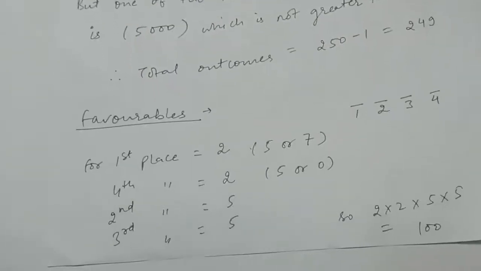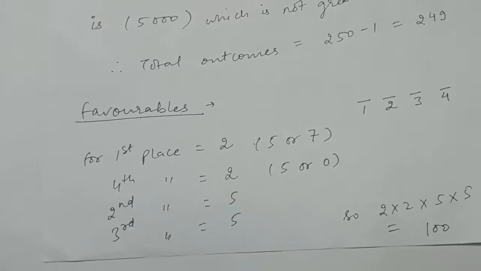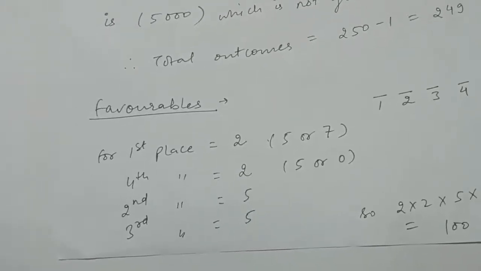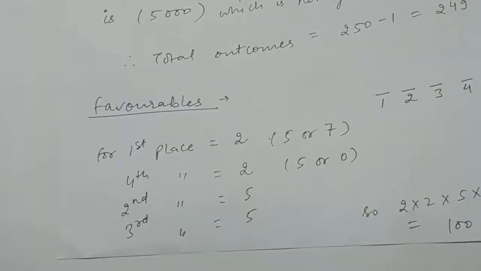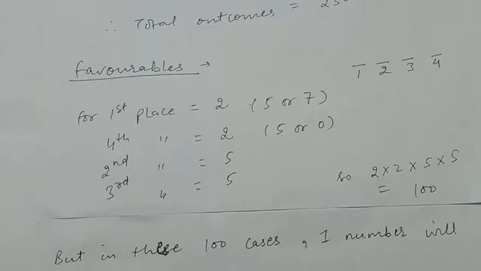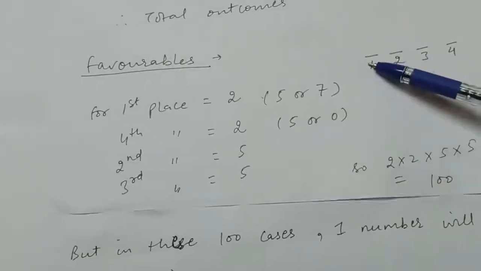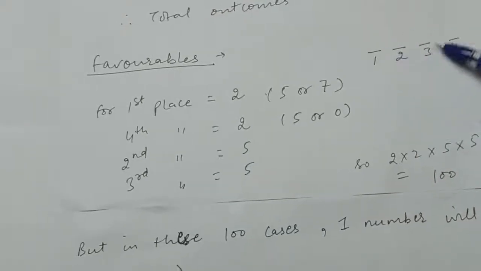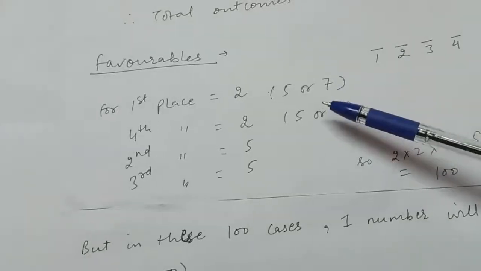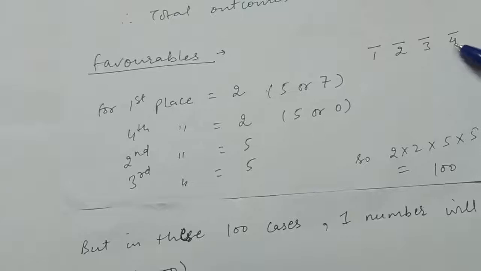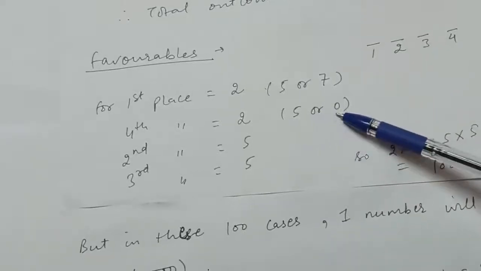Now favorable outcomes are, we have to find those numbers which are greater than 5000 and also divisible by 5. So for the first place we have two options, either 5 or 7, because this number should be greater than 5000. Now because it is also divisible by 5, at the fourth place either it can be 5 or it can be 0.